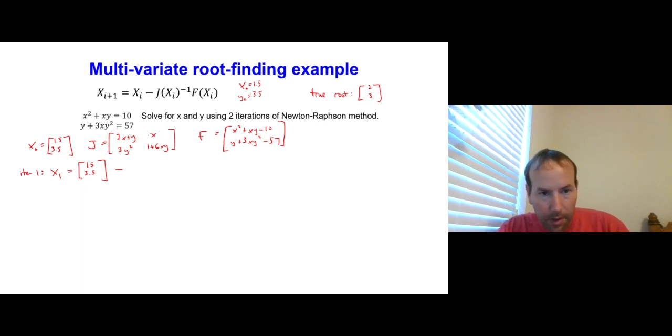For this system, if you plug 1.5 and 3.5 into the Jacobian, you should get 6.5, 1.5, 36.75, and 32.5.